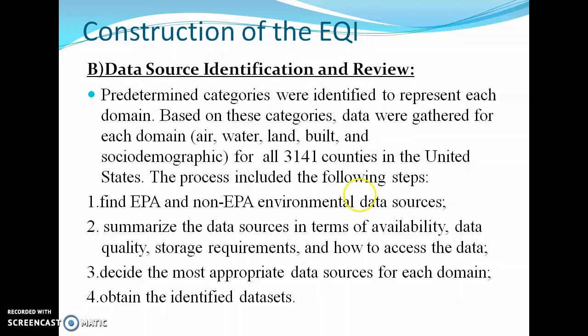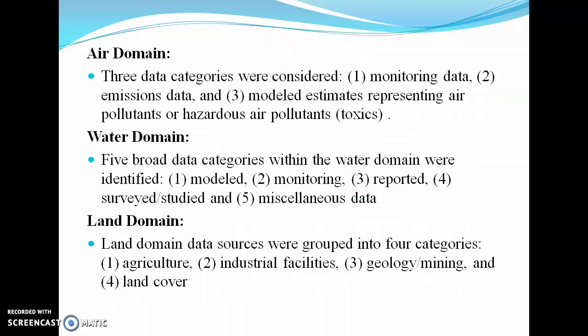Now the next step is for these data sources. Example is the air domain. For the air domain, 3 data categories were considered. First is monitoring data, second is emission data, third is model estimate representing air pollutants or hazardous air pollutants, like toxics.